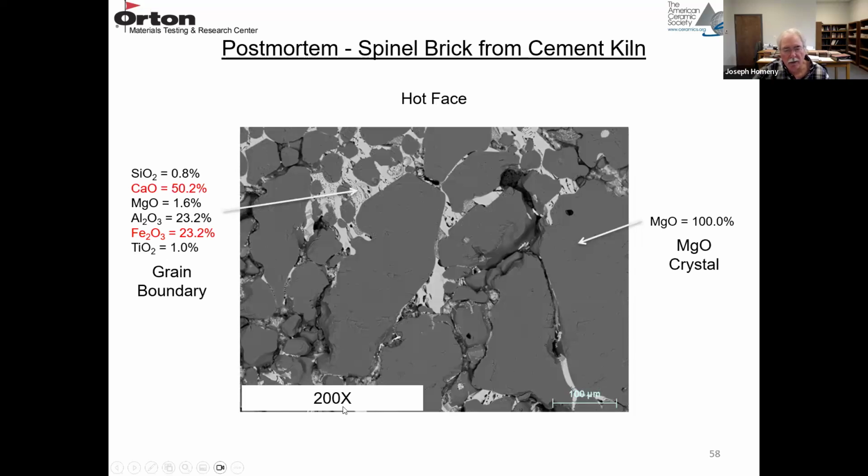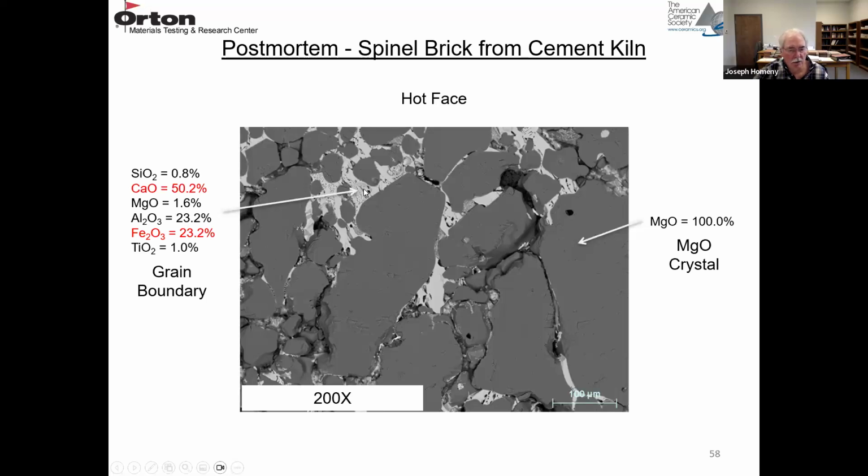So if we go to a much higher magnification, 200x on the hot face, you see your MgO crystals, the darker gray regions. They basically come out close to 100% MgO. And then this is the grain boundaries, this white region. So you can see the impurities are infiltrating into the grain boundaries.